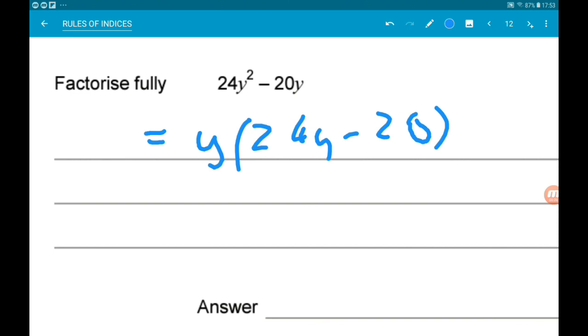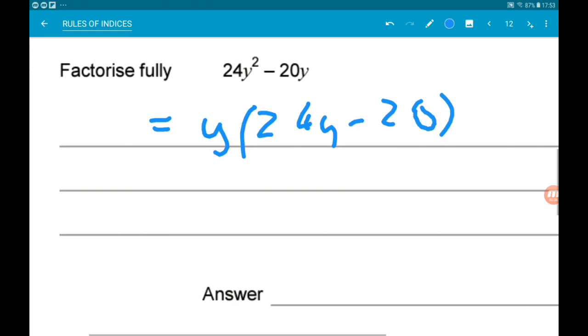So it's factorised a bit, there is still more we can do, because there's a common factor between 24 and 20. And that common factor is 4. So we can also bring a 4 out the front. Now that multiplies the y that's already out there, so we get 4y. And then again, we divide both terms by 4. So we're now going to have 6y minus 5.